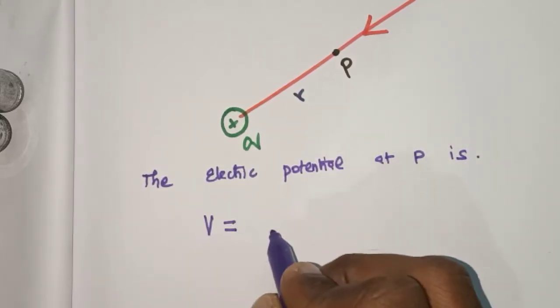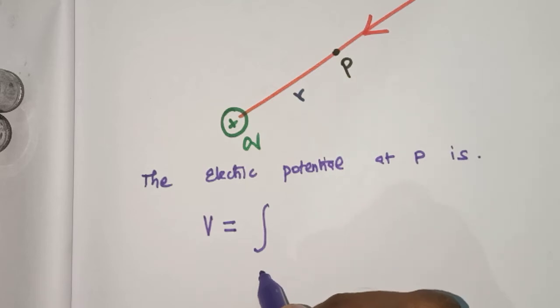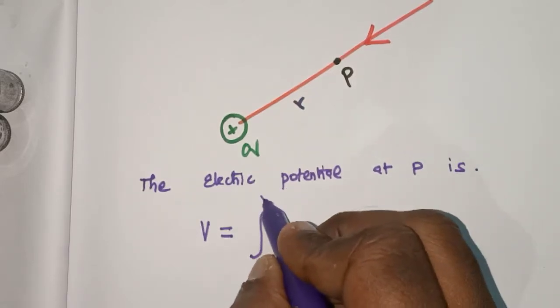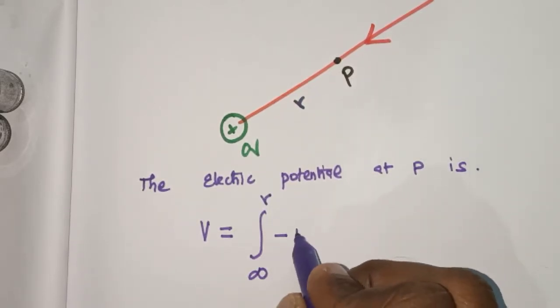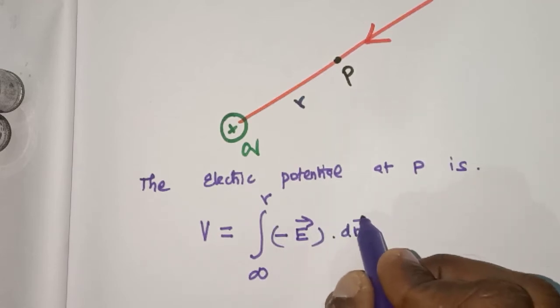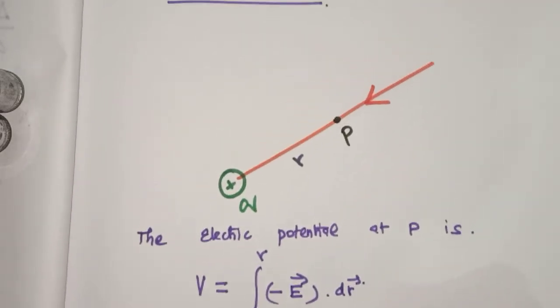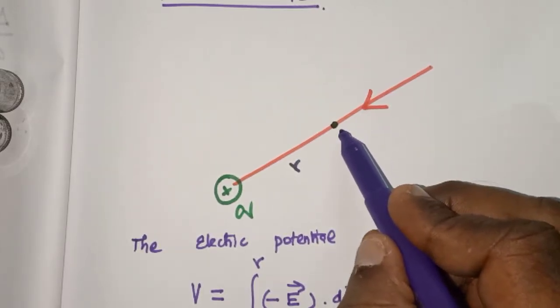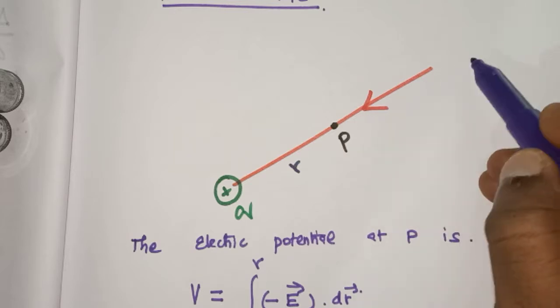V is equal to, previously we have seen this equation, instead of R we put infinity to R, minus E vector dot dr vector. Got it? So here the potential at point P with respect to infinity.